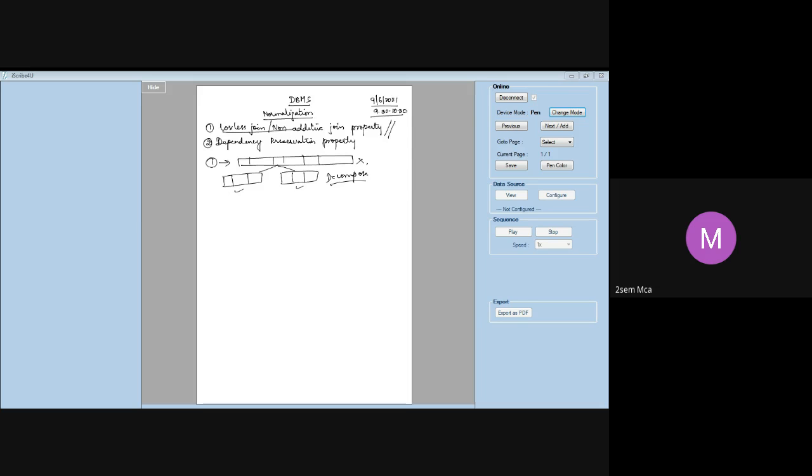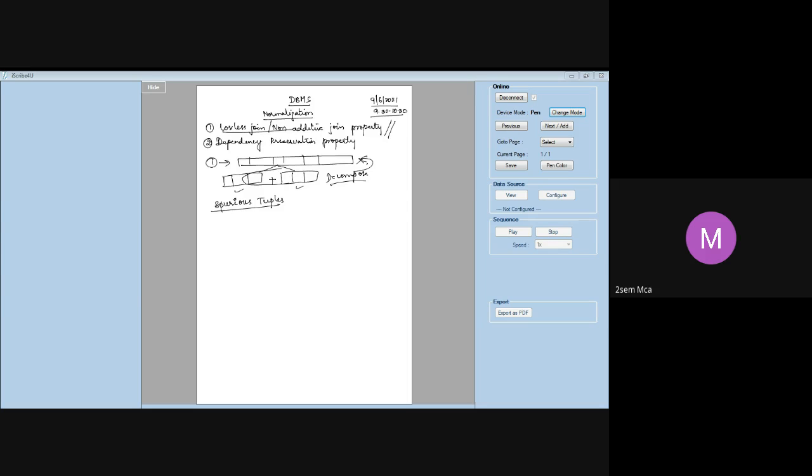Now, when I say lossless join, it means that when you decompose this table, you should try to avoid what are called spurious tuples. Spurious tuples means what? If I join these tables, I should get back the original table, is it not? I have split this table into two.